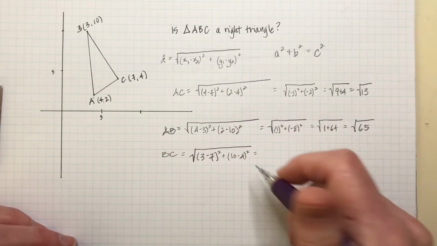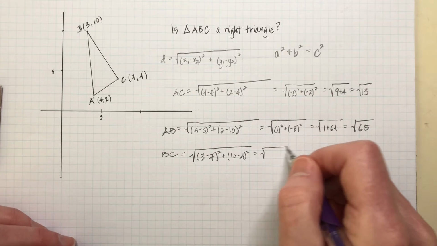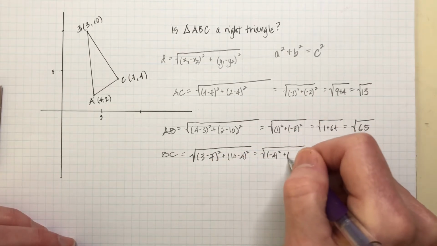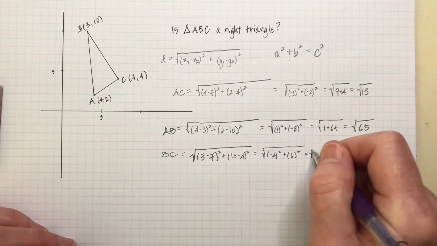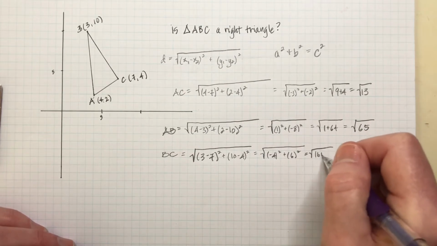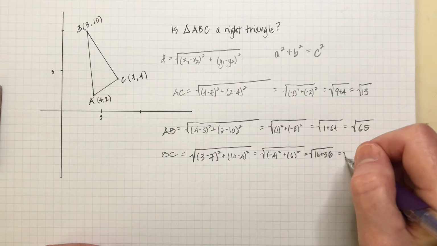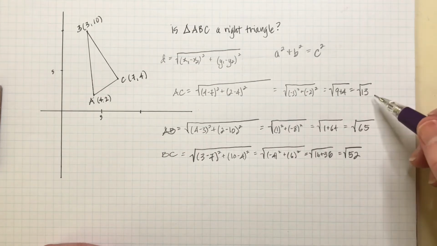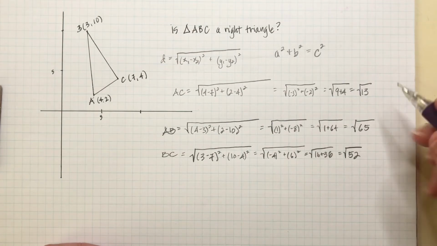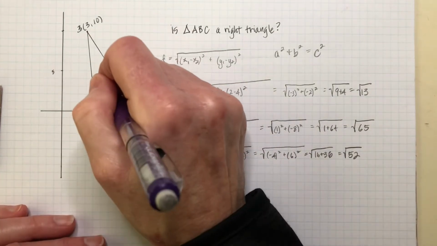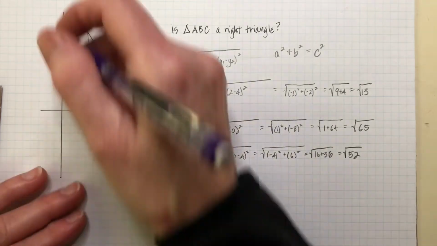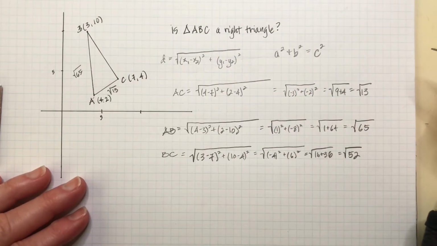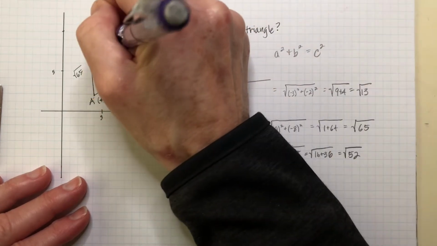And that gives us -4 squared plus 6 squared, which is 16 plus 36. And that's 52, all under the square root sign. So now we've got these three lengths, and I can actually label that on the diagram. So here we have square root of 13. Here we have square root of 65, which is AB. And then BC, that's square root of 52.